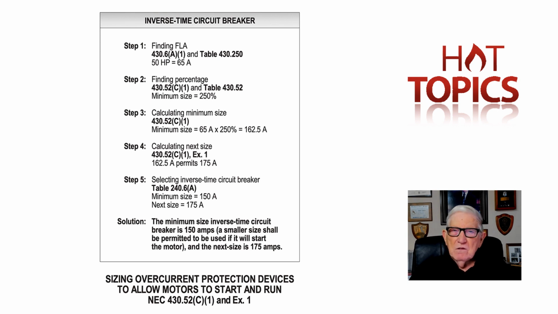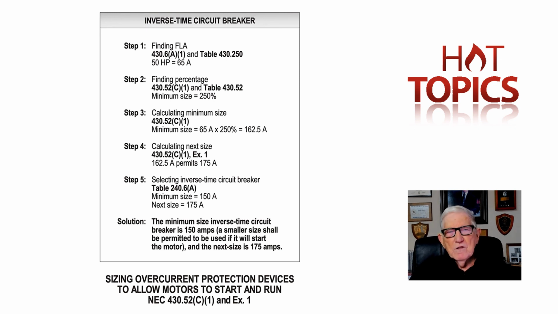If that still gave you problems, then you could go to the exception to 430.52C3, and you could go up to 1,100%, 1,300%, and under certain conditions of use, all the way up to 1,700%.